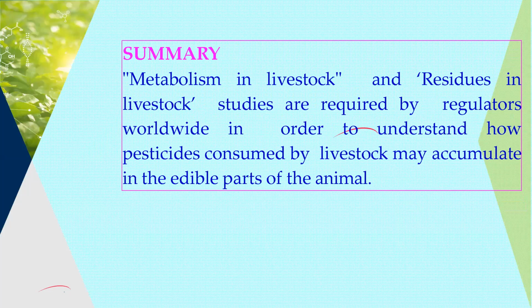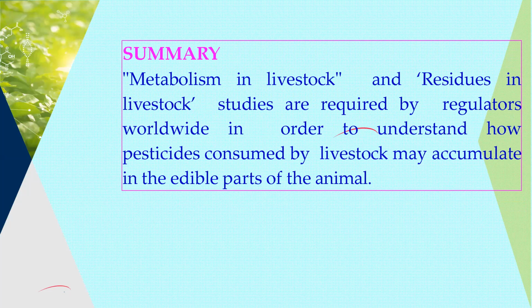And coming to the summary of this chapter, metabolism in livestock and residues in livestock studies are required. See, metabolism is totally different: absorption, distribution, metabolism, as you have said. So after metabolism only, the residues will be there in the animal tissues.